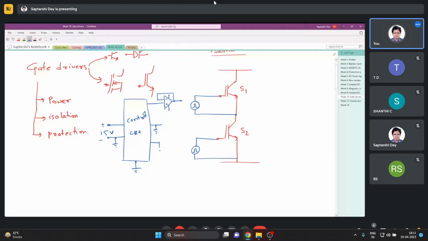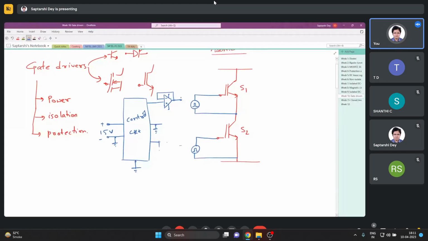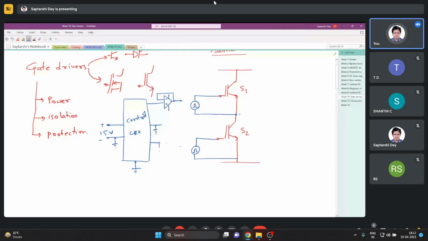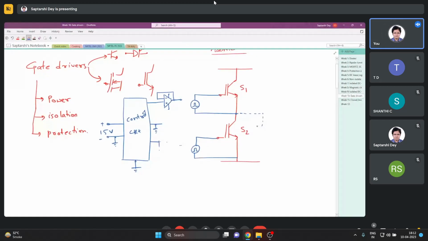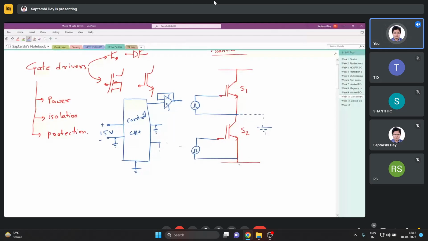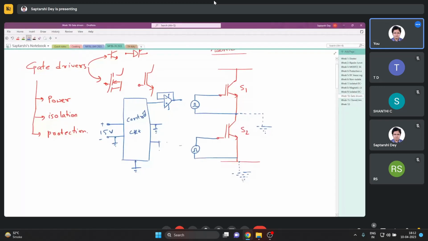Now another gate driver here also the same way, and they directly go to the switch. Now the problem is, the whole control circuit has the same ground. So if the control circuit and the gate drivers have the same ground, then these two points, this source or emitter and this source or emitter, are now virtually shorted. Is it understandable till now? All of them are connected to the same control circuit ground.